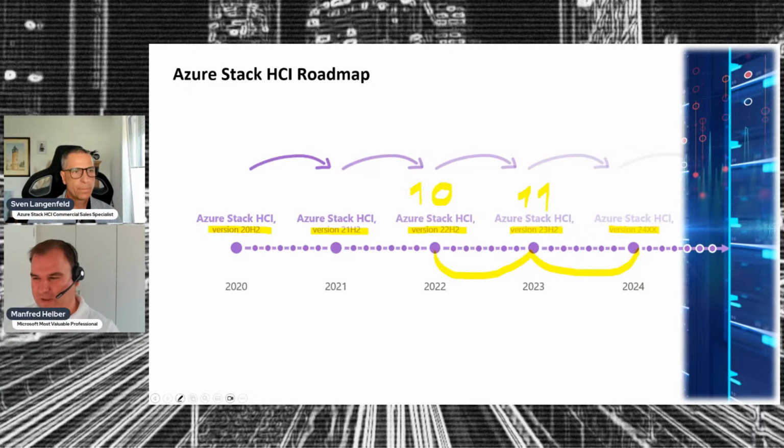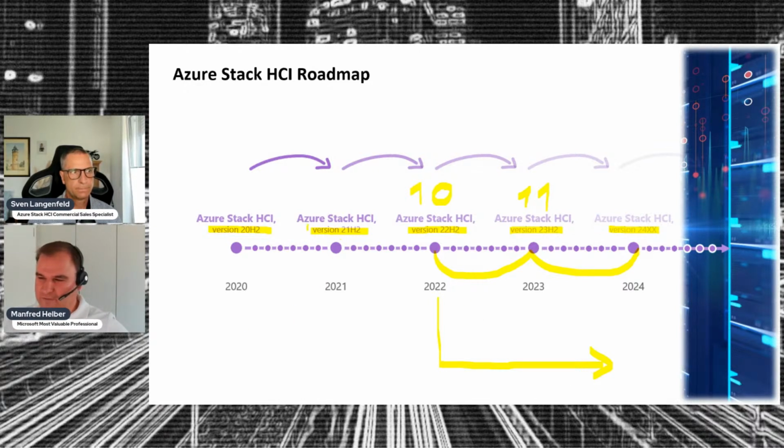Yeah, 2 important things. At the moment, we have the situation that 22H2 is supported until we have clearness about a migration from 22H2 to 23H2. So it's absolutely correct what you said.